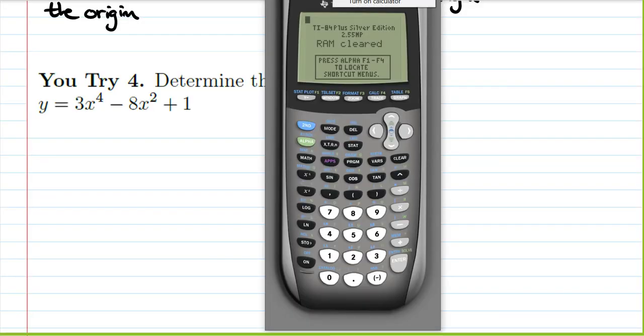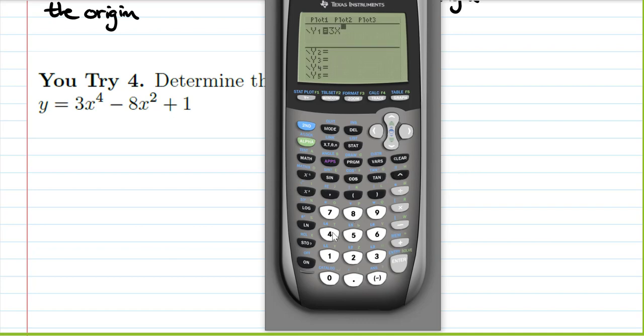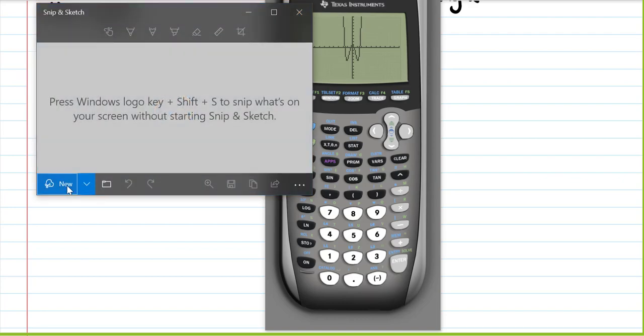Remember, our definition for graphing still holds, and since this is in the form y equals, we could just go 3x to the fourth minus 8x squared plus 1. And if we draw our graph here, we see our graph looks something like this.